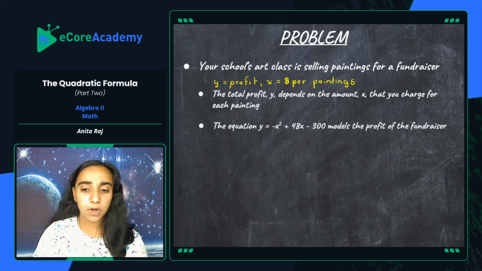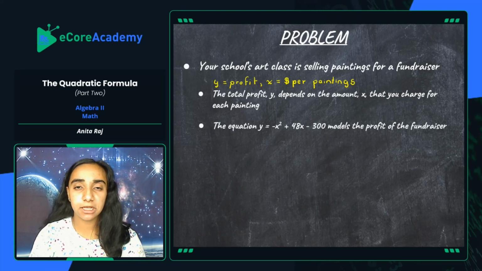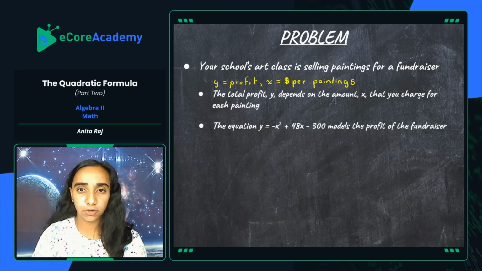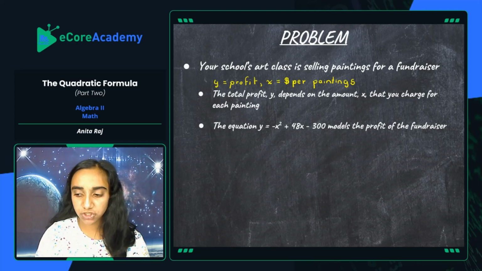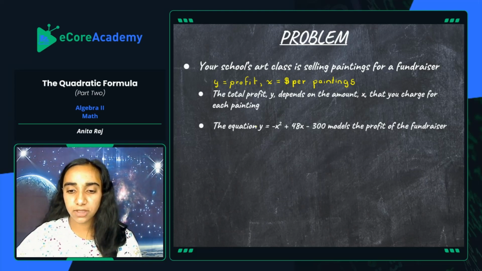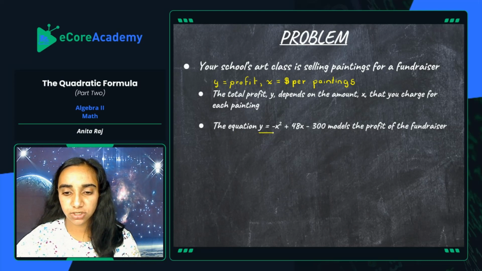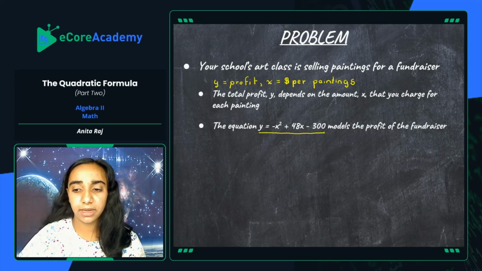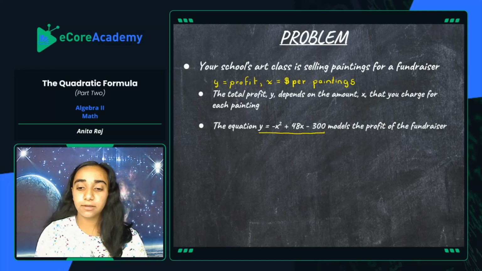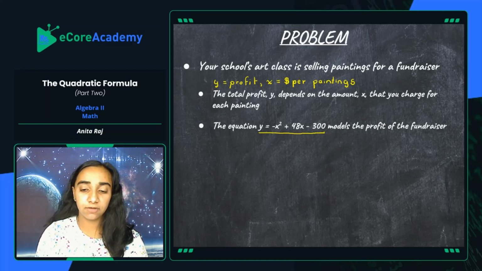The equation Y equals a negative X squared plus 48X minus 300 models the profit of the fundraiser. So in this quadratic application, we are actually being told that this is the predictive model that models how much money you make for the fundraiser. So if you see in this quadratic application, we have minus x squared, and then we have 48x.